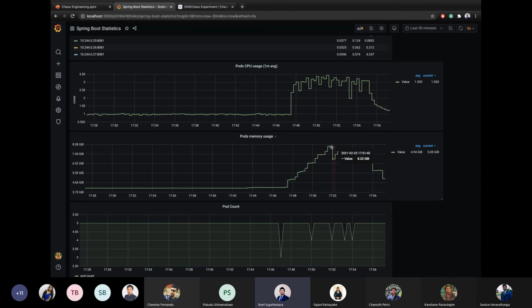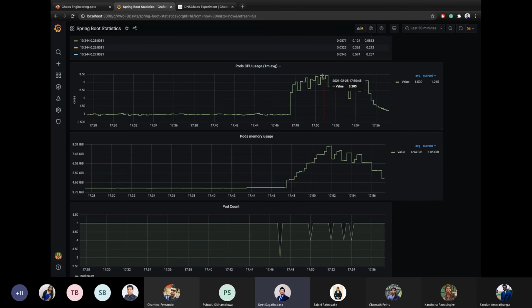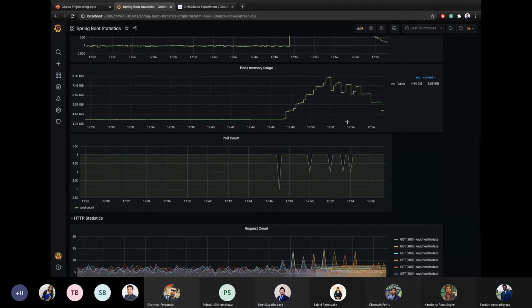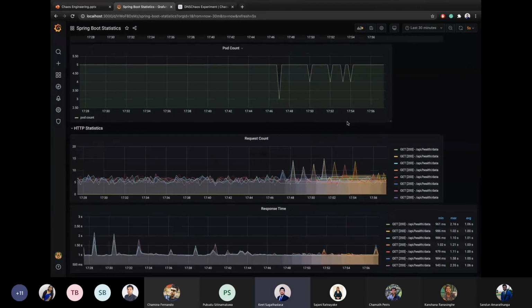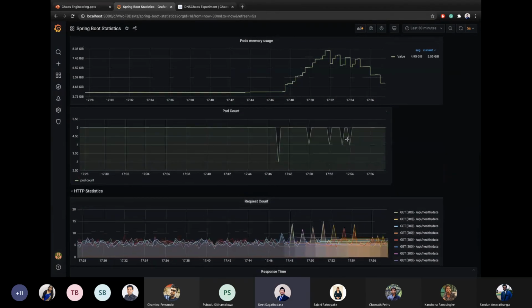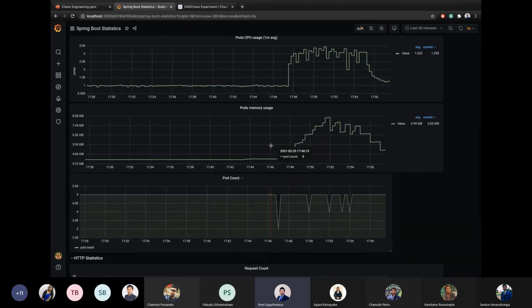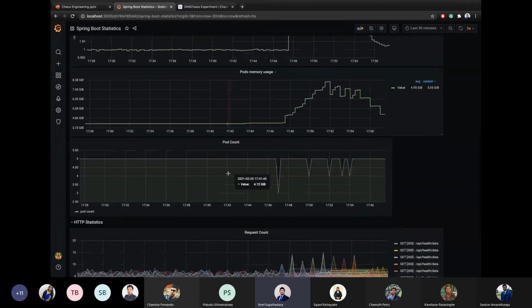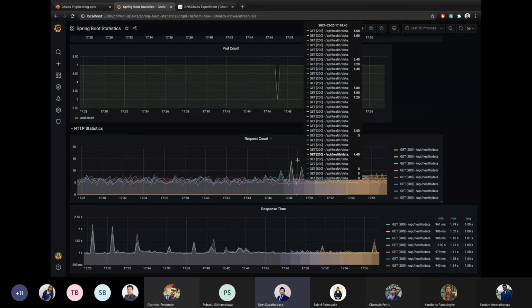So it had risen to around 8 GB. And the usage of cores in a pod had risen to around 3 to 4 cores in a pod. So this is just a simple demonstration for you to see that once we induce something, we can see a difference in the metrics, the request counts and the latencies.